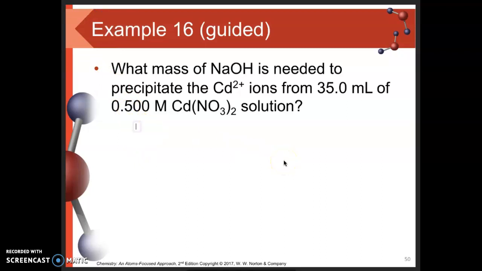I've got cadmium 2+ reacting with hydroxide to make cadmium hydroxide, which would be a solid precipitate.